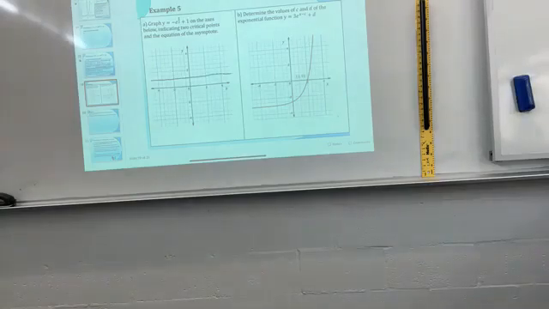That's your asymptote, y equals 1. I should be using a ruler, but I don't have one, or maybe I should. I'll try using a ruler. Y equals 1. So always start off with the asymptote.